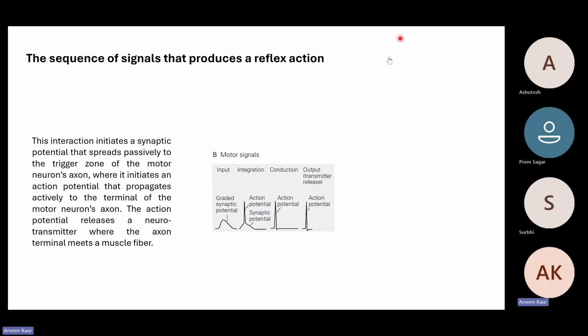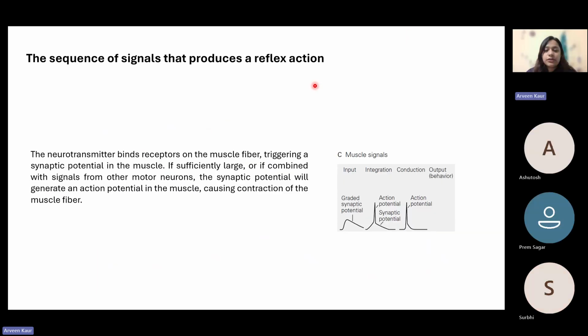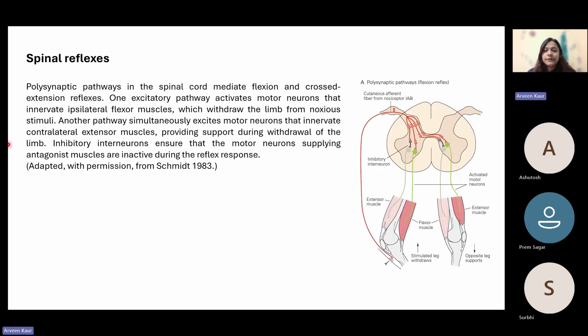But how is that going to be read by the muscle? The neurotransmitter binds the receptors on the muscle fiber, triggering a synaptic potential in the muscle. If it is sufficiently large, or if it is combined with signals from other motor neurons, the synaptic potential will generate an action potential in the muscle and cause contraction of the muscle fiber itself, right? So that is what will happen.